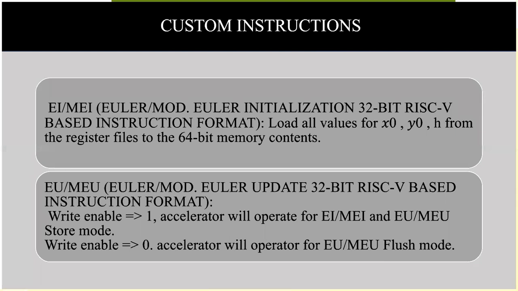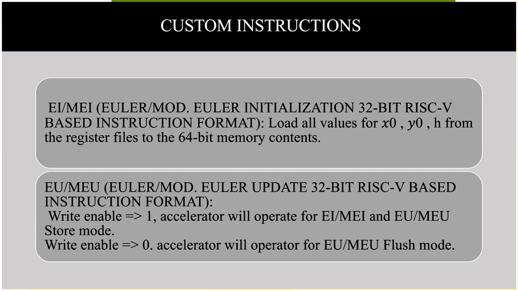Regarding the custom instructions, the Euler initialization as well as the modified Euler initialization 32-bit RISC-V based instruction format will be able to load all the values for x0, y0, as well as the step size h from the register file to the 64-bit memory contents.